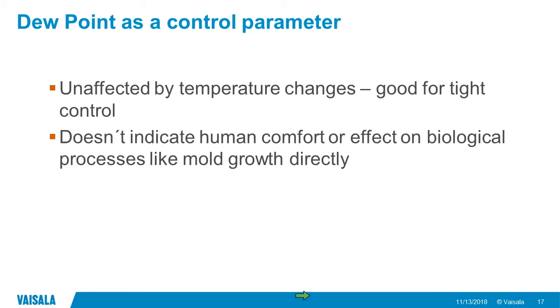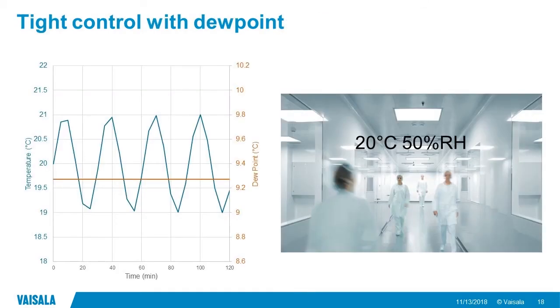So let's go back to our previous example then. So, okay, we have our clean room here. We want to hit 20 degrees centigrade and 50% RH.